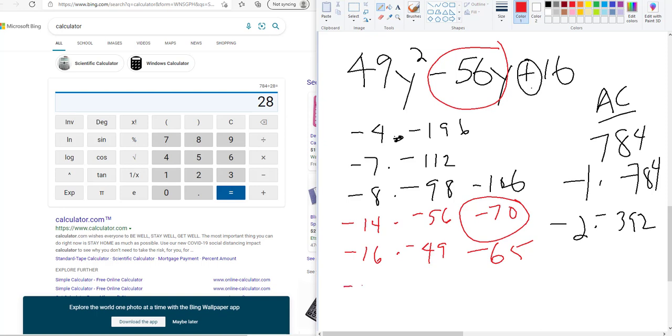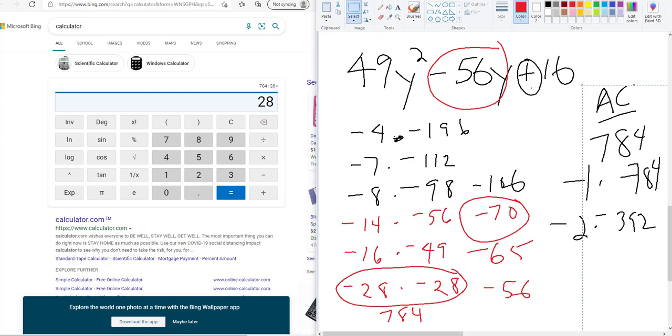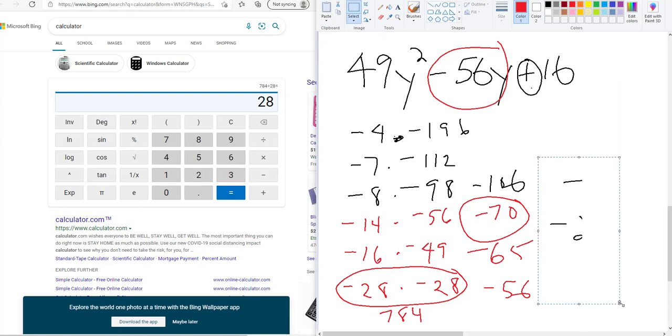Negative 28 and negative 28. That multiplies for 784, but it adds to negative 56. So I finally have my combination that I need. So I don't need any of this other stuff because none of these add up to negative 56.